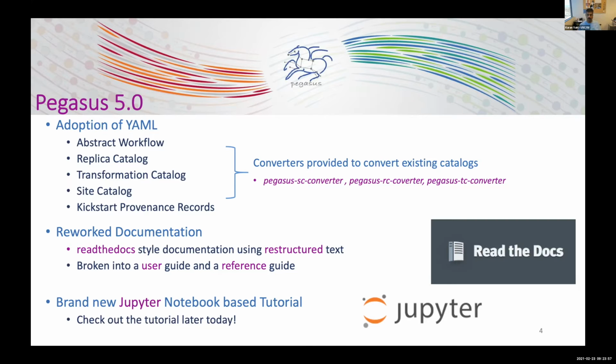We overhauled our tutorial, and we have adopted Jupyter Notebooks as our preferred medium of training new Pegasus users. So I would encourage all of you to check out the tutorial later today by Max on how you can learn how to use Pegasus in a Jupyter Notebook framework.